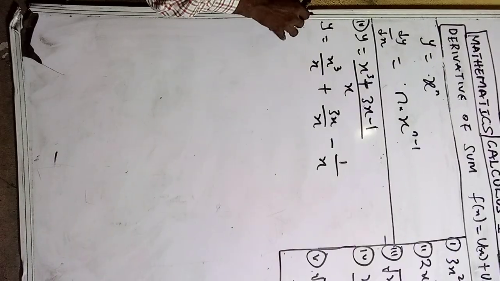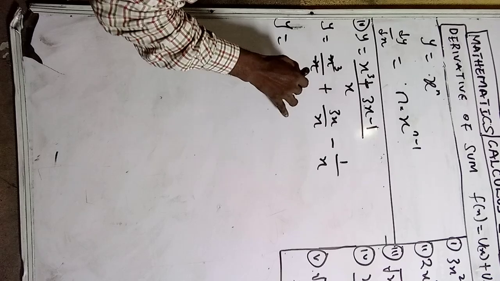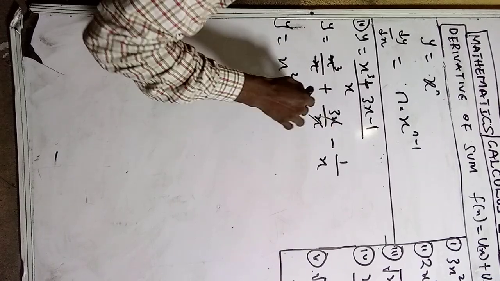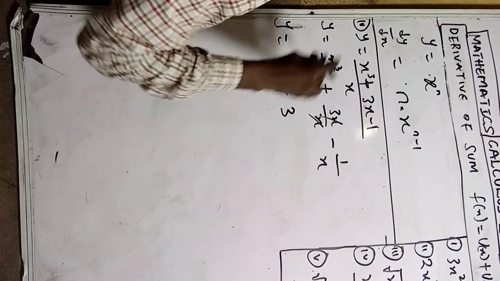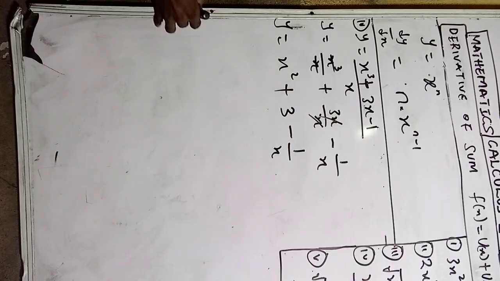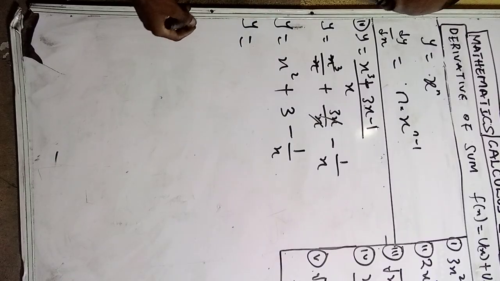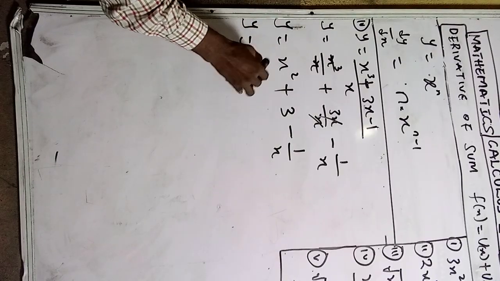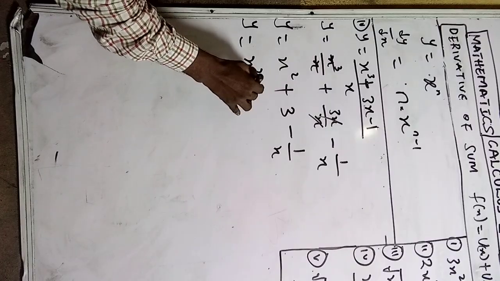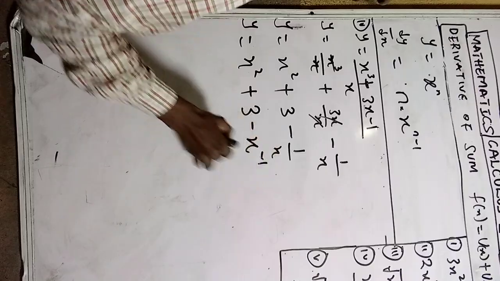So for me, this becomes y equals x squared plus 3, minus 1 over x. So I can still write this as y equals x squared plus 3 minus x to the power minus 1.